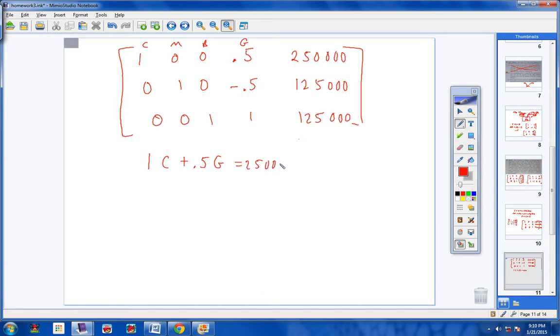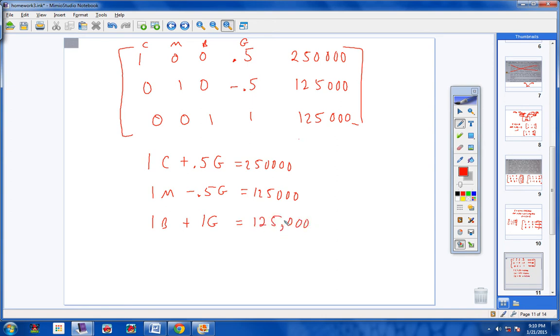That's one equation. The other equation is 1M minus 0.5G equals 125,000. And then 1B plus 1G equals 125,000. That's what it tells us.